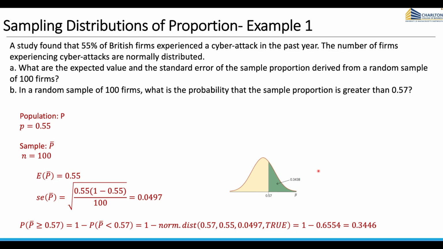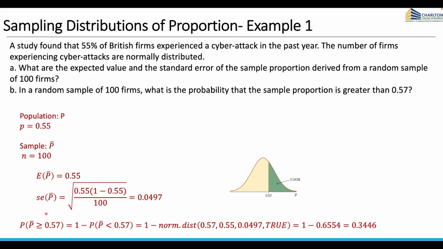Let's look at this example. A study found that 55% of British firms experienced a cyber attack in the past year. The number of firms experiencing cyber attacks is normally distributed. So we know that the population is normally distributed, and 55% is the population parameter, or p, the proportion of firms experiencing cyber attack. We take a sample of 100 firms and study what percentage of them experienced a cyber attack.